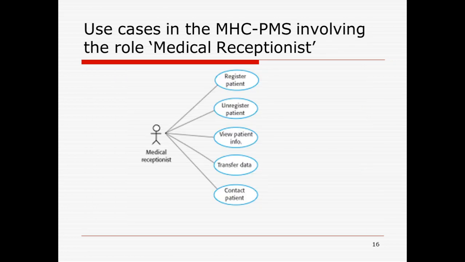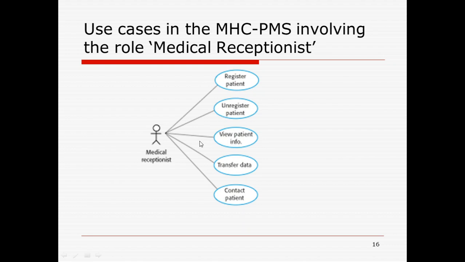So in detail, for the medical receptionist, this is the use case. Register the patient is one task that is performed by the medical receptionist in the mental healthcare patient management system, or unregistering the patient can also be done, this is another task.